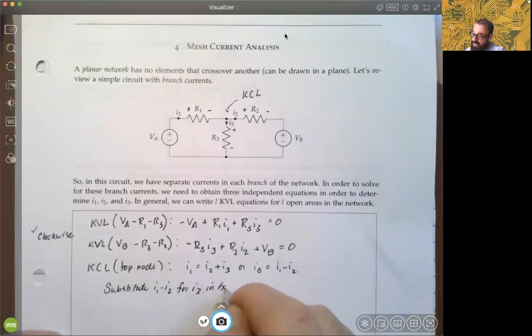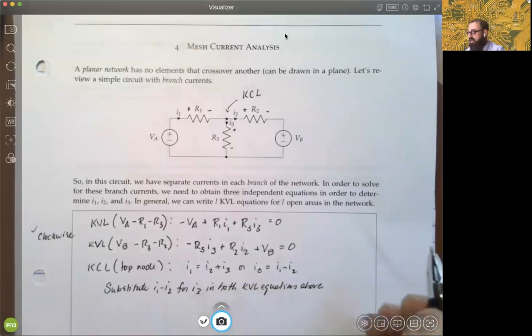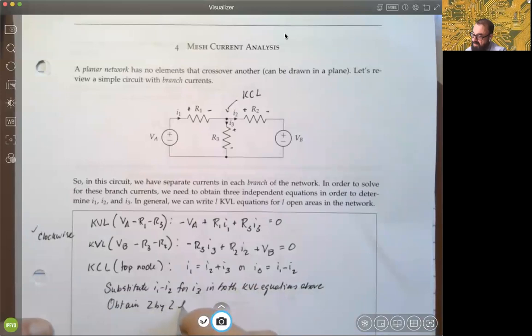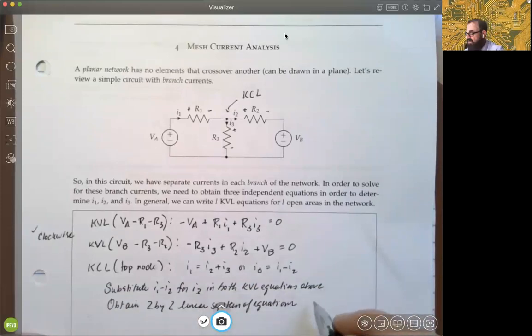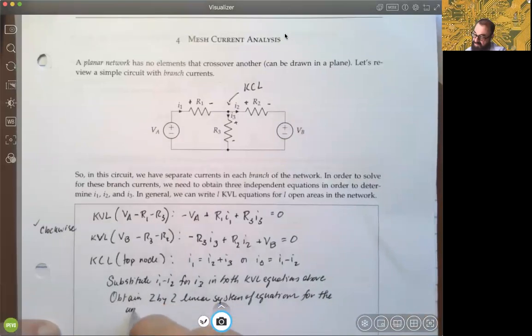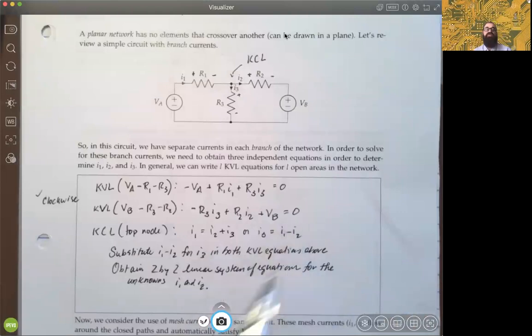So in both KVL equations above, and in doing so, you would obtain a 2 by 2 linear system of equations for the unknowns I1 and I2. And of course, if you can determine what those are, then you know the difference between them is what I3 is, right?